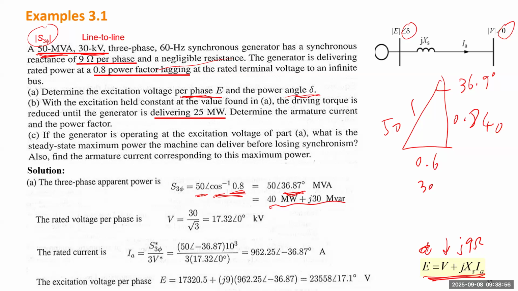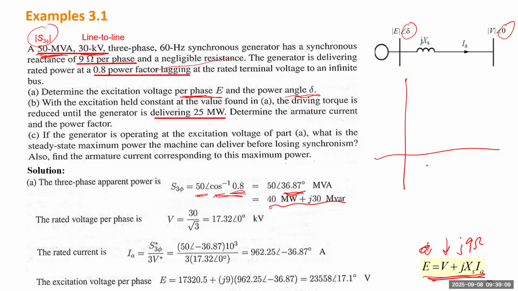Maybe I need to draw the triangle in this way. If this is the complex plane, this angle is the power factor angle, right? This is 50, this is 40 and here is 30.